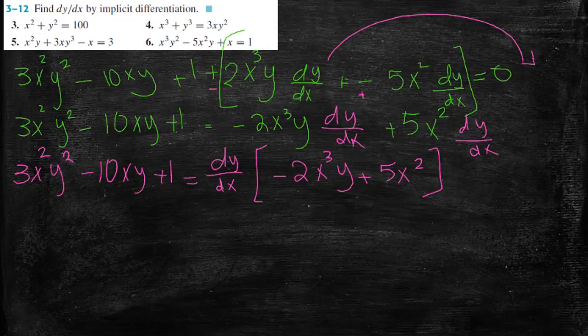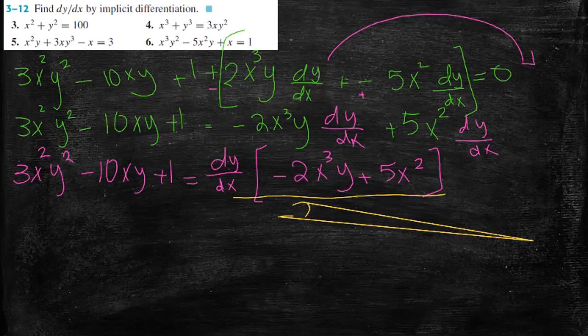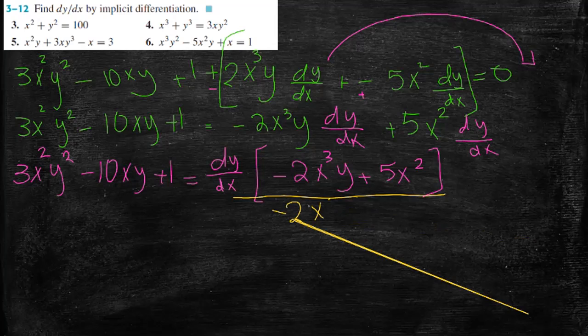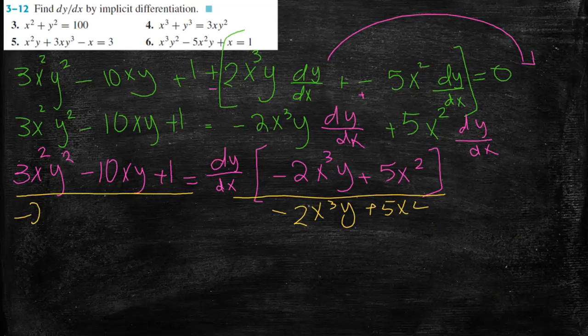Okay. Then divide by negative 2x cubed y plus 5x squared.